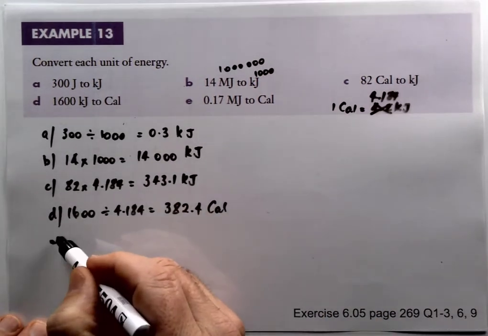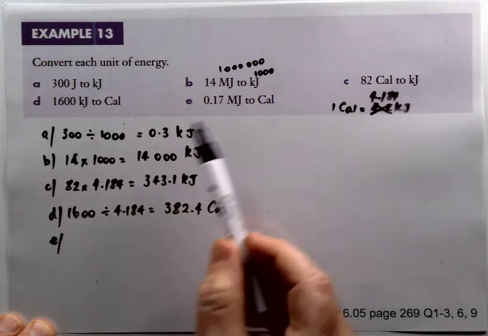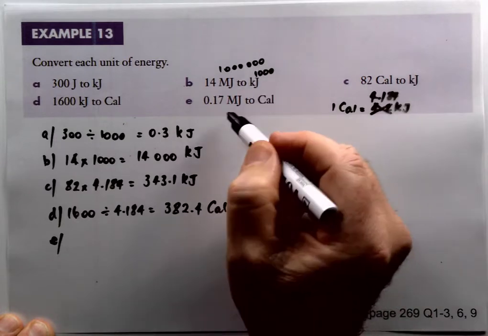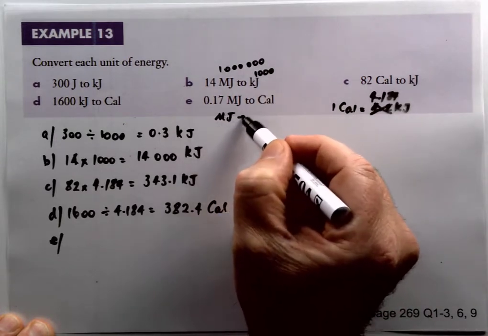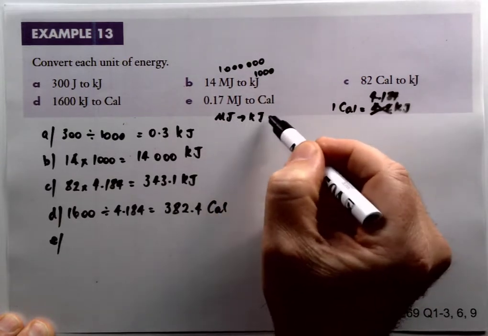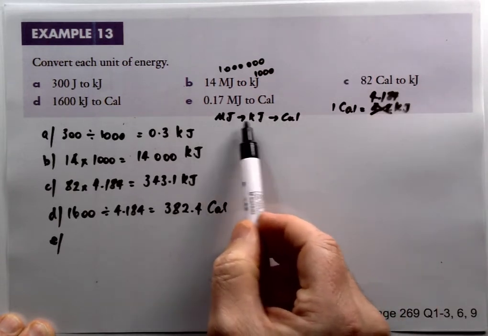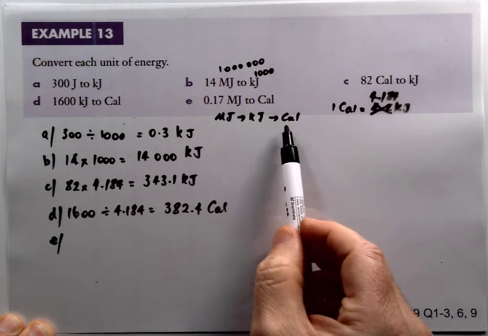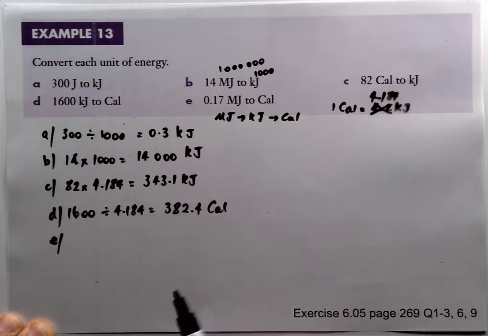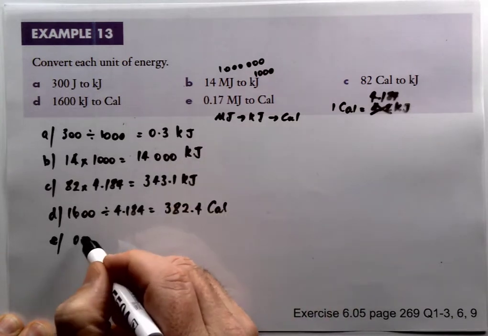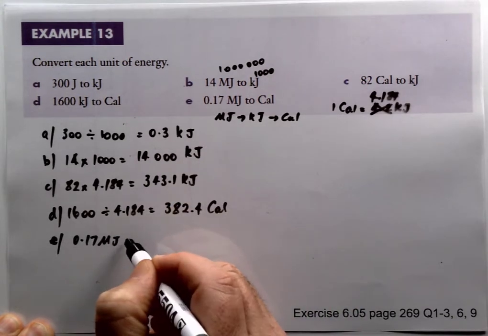Okay, and in part E, we're converting from megajoules to calories. And look, the safest thing to do here, we're going to go from megajoules to kilojoules, and then from kilojoules to calories. Basically, we're making a metric conversion and then an imperial conversion, and it's very easy to get this wrong. Okay, so we've got 0.17 megajoules.